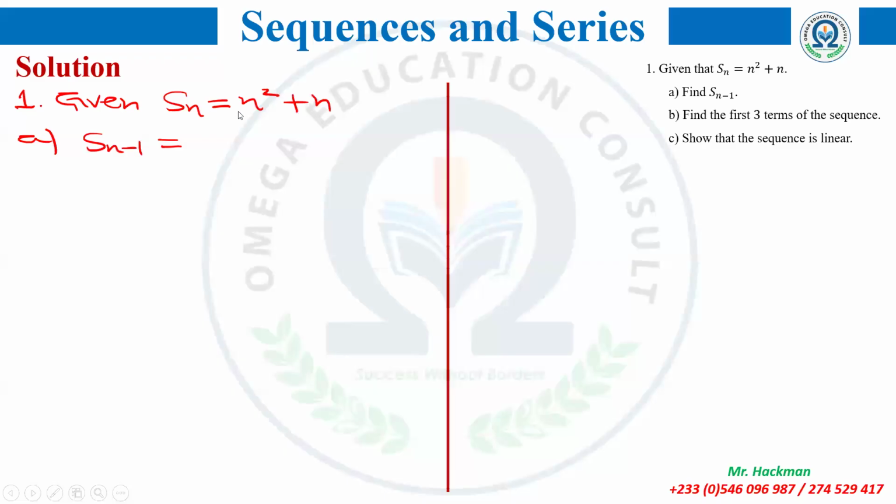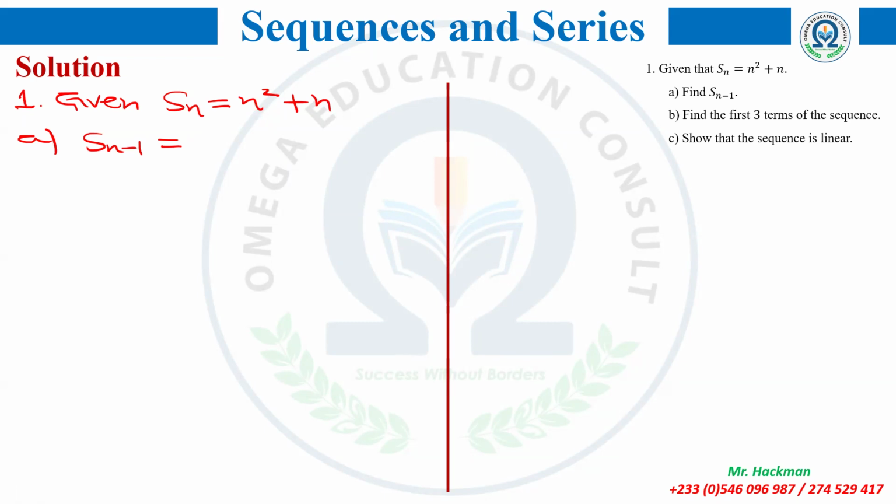It means your function depends on X, or your sum depends on N, I should say. So if I'm looking for S sub 1, wherever I see n here, it will be 1. If I'm looking at S sub n minus 1, then wherever I see n here, it is now what?